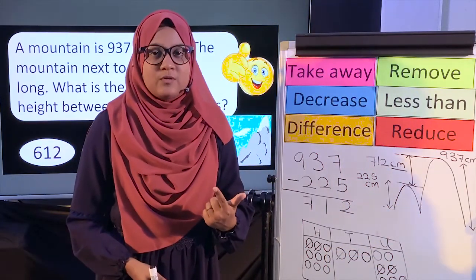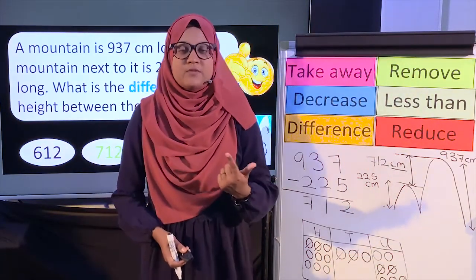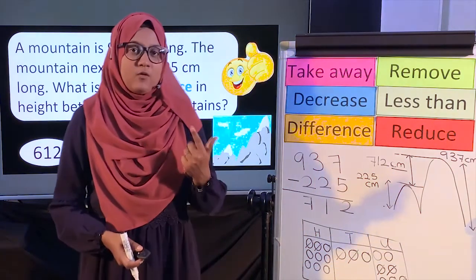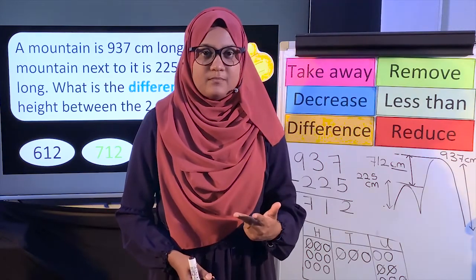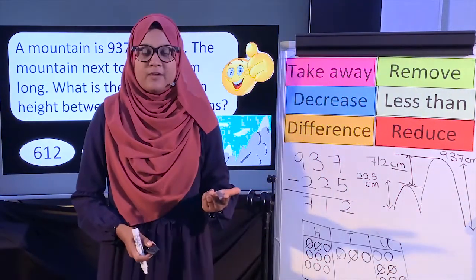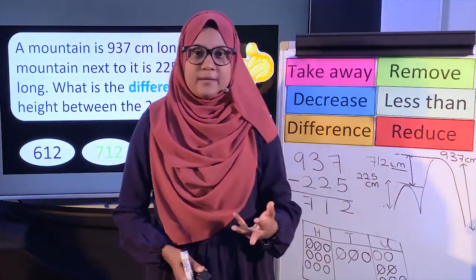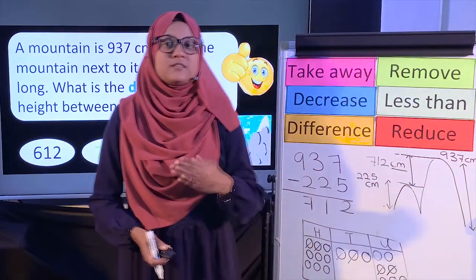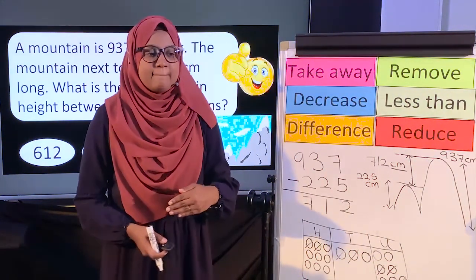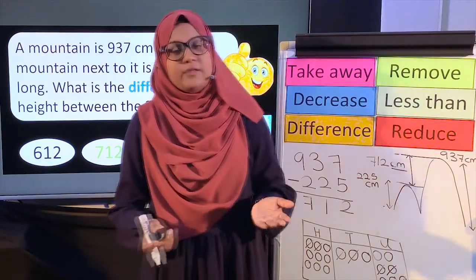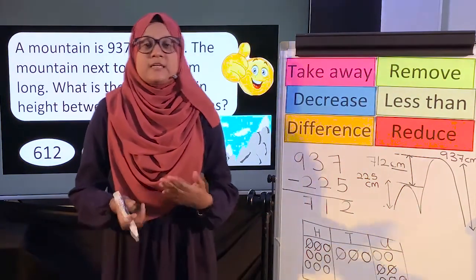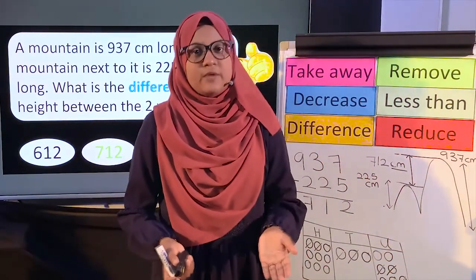Next, we have to find which numbers we have to solve, and always start from the bigger number. Write the bigger number first and then the smaller number to find what's remaining. Then solve the answer. You can use any method that is easy for you to solve the questions.